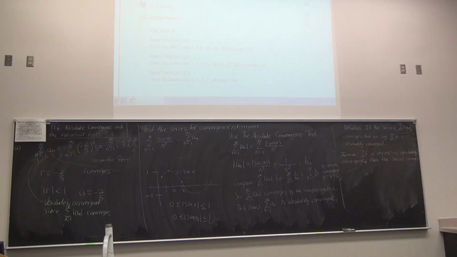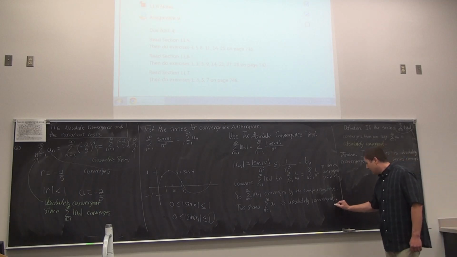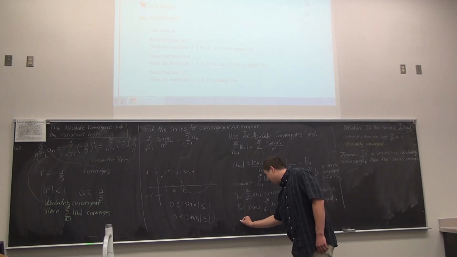And really, if you left it at that stage, that would be okay, because we'll get to the point where we think of absolute convergence as a stronger version of regular convergence, which it is. But this theorem is telling us, if you just called something absolutely convergent, then it really is convergent. So I mean, it's a good thing to actually say explicitly at least once. So let's add maybe one more.